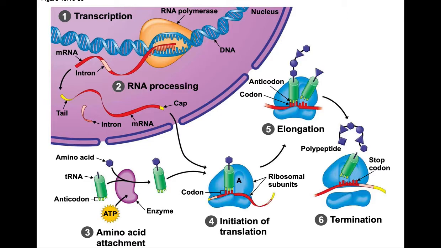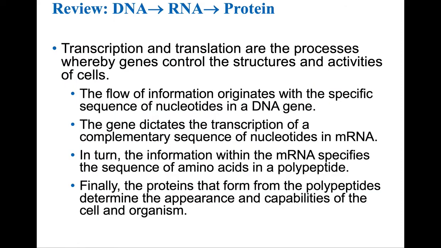So it's the DNA that decides how the RNA is going to look, and then the RNA will help decide how the protein is going to look. So if you mess up the DNA, you're going to mess up the RNA, which means you're going to mess up the protein as well. Okay, thus far we've reached page 183. Next slide.